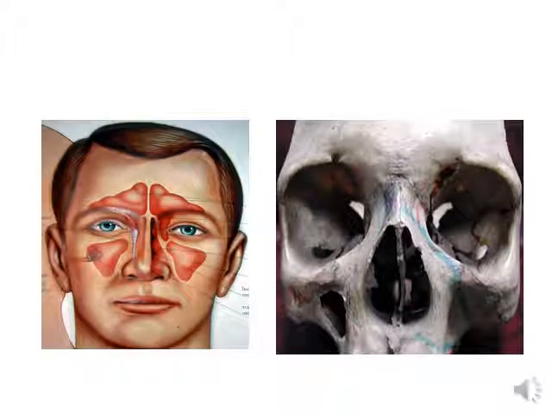This is the nose. You can see that you have an eye here. Around the eye, superiorly, medially, and inferiorly, you have the paranasal sinuses. If you look at the skull, this is the eye, this is the ethmoids, this is the frontal, this is the maxillary sinus, this is the nose and the nasal cavity.